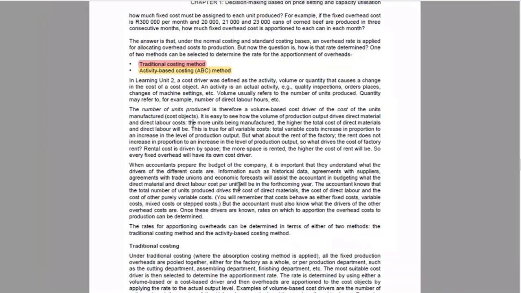So one would be according to space or size. The other, the traditional one, would be according to the units that you've produced. Traditional costing method is like an umbrella one. Umbrella means that whatever you produced, I'm charging you that.